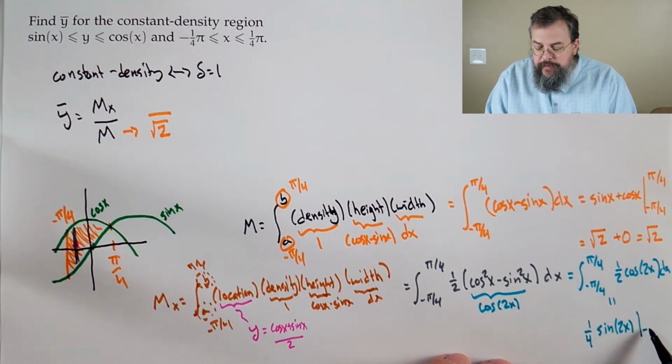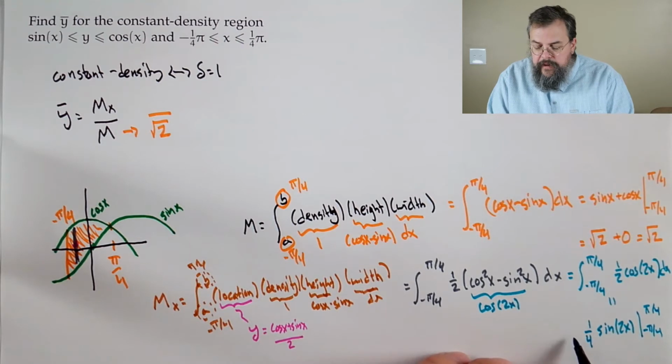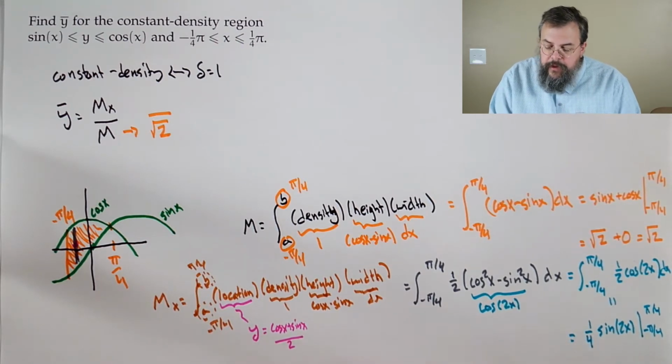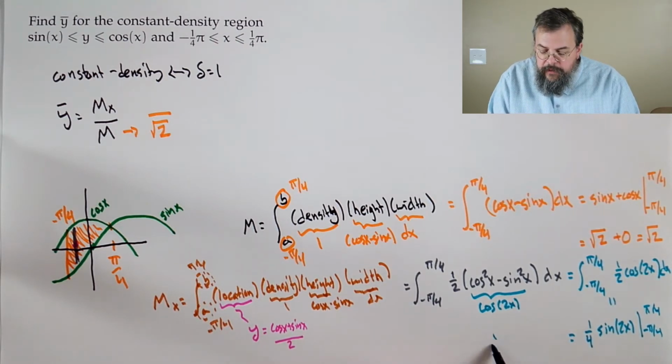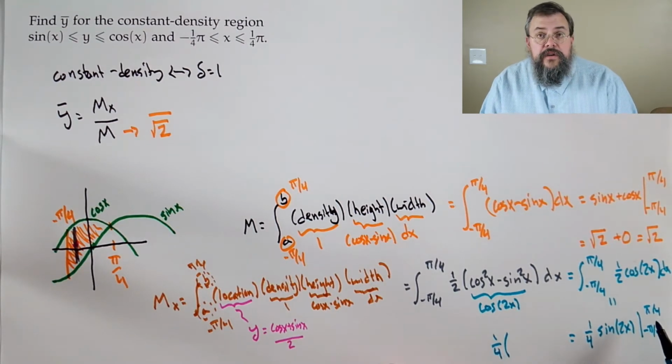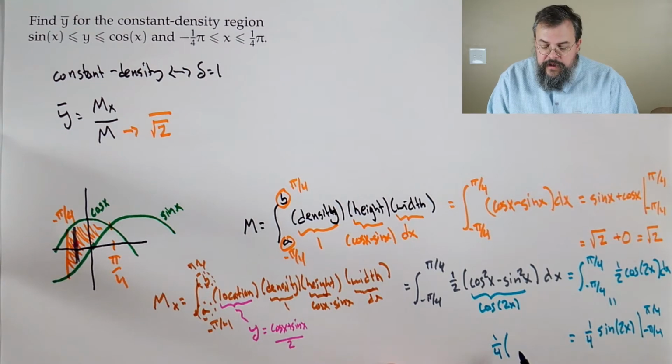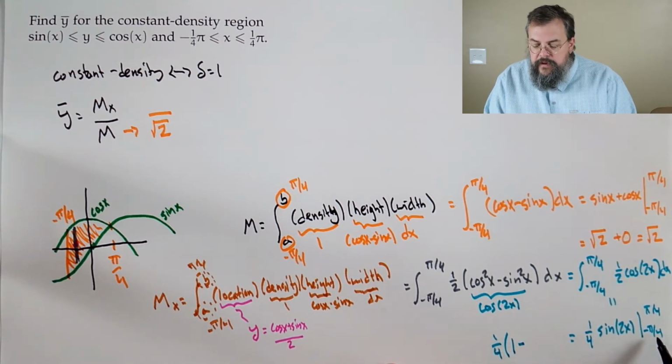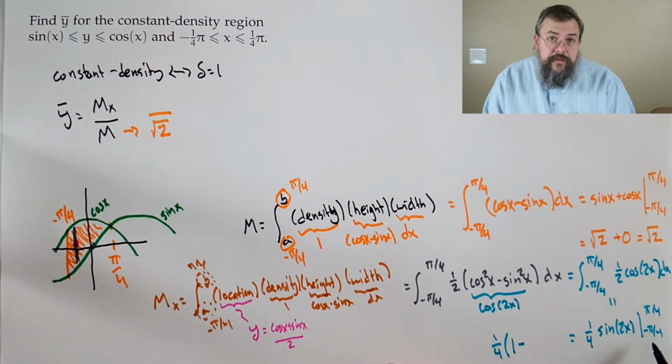Then we're going to evaluate from negative pi over 4 to positive pi over 4. Well, that's not so bad. What happens? Well, so you have a fourth. Now, 2 times pi over 4 is pi over 2. And sine of pi over 2 is 1. Subtract sine of 2 times negative pi over 4, so that's sine of negative pi over 2.